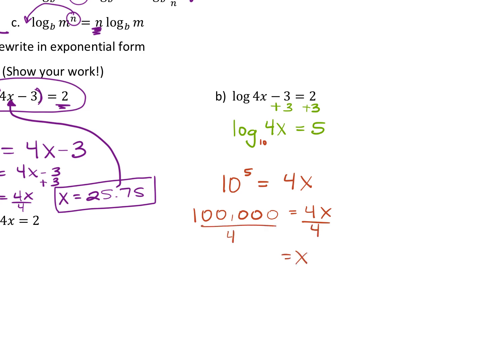So x is 25,000. Again, if you plug it into your calculator, you might have to put parentheses around this: the log of 4 times 25,000 and then minus 3, you should get 2. Okay?